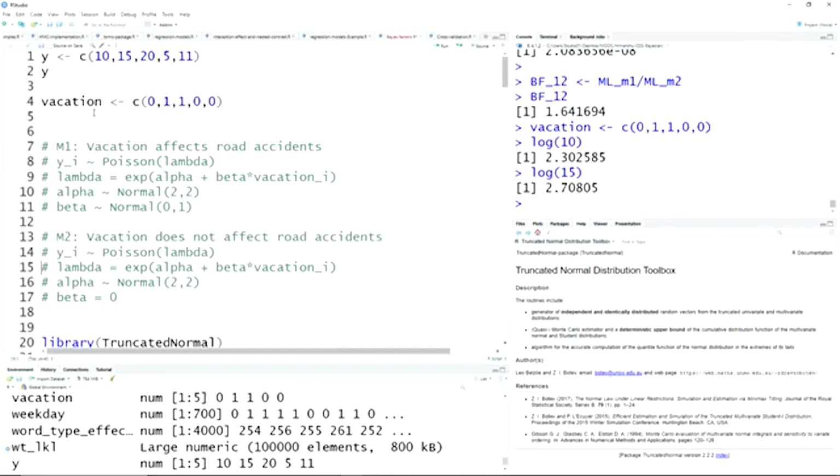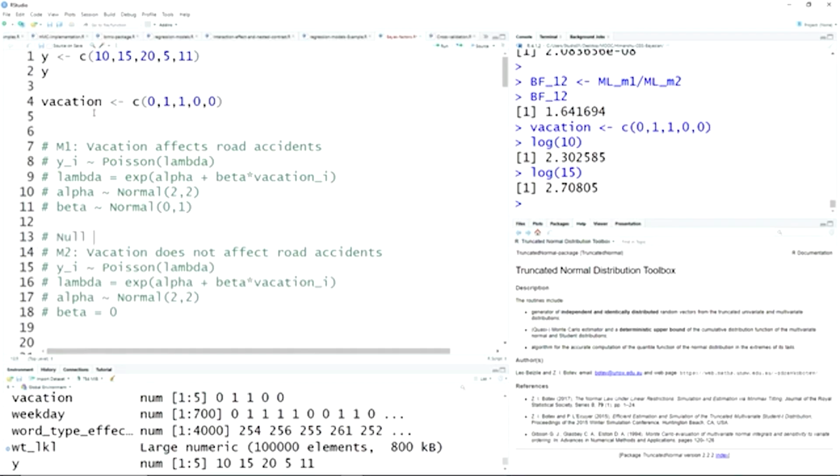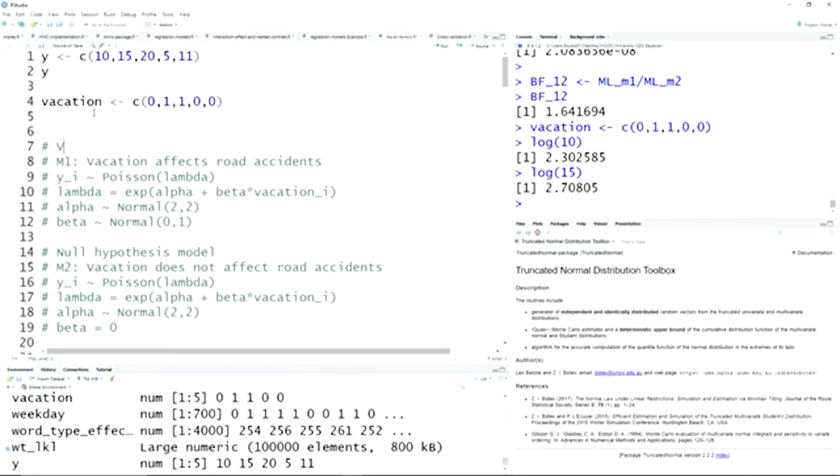In order to test which hypothesis is correct, in order to quantify evidence for the vacation effect hypothesis, you need to compute the Bayes factor for model 1 compared to model 2, because model 1 assumes that beta can have a non-zero value, while model 2 assumes that beta has value 0. You can also call this one the null hypothesis model and this one the vacation effect model.